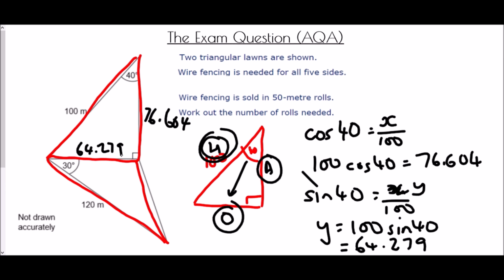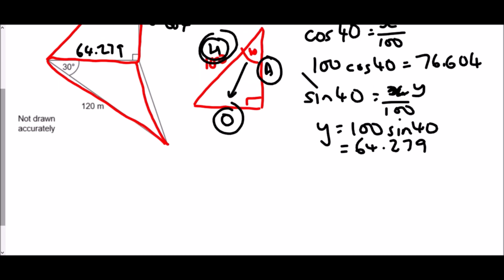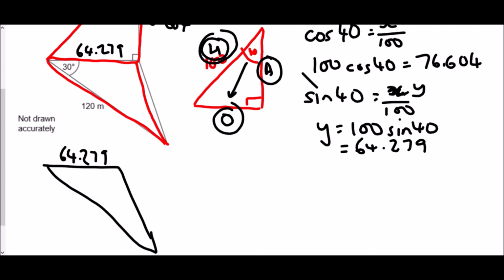And the reason that that one is quite useful is that now we can deal with the bottom triangle. We have this triangle drawn here, and now we have two sides surrounding an angle, and we want to find the other side, and those are the properties required for the cosine rule.